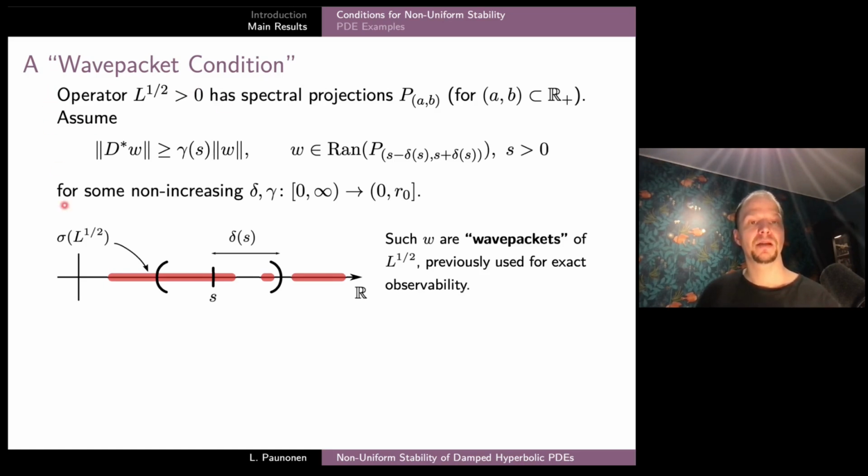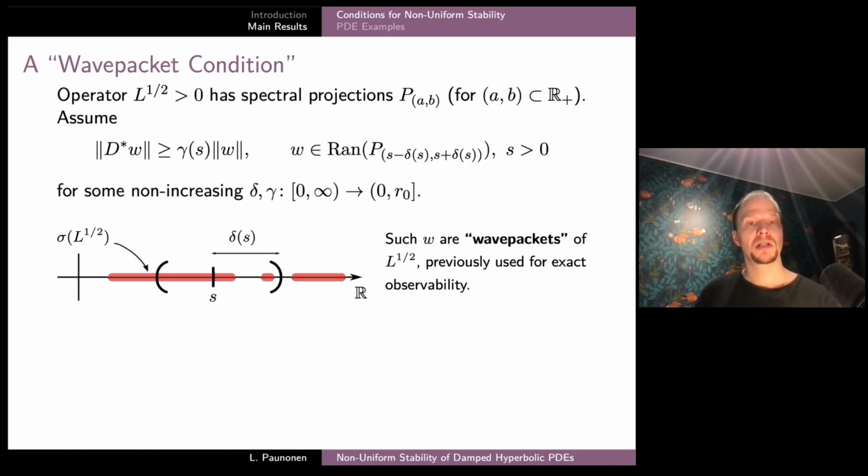And in this condition, these delta, the radii of the spectral intervals, as well as the lower bounds gamma depending on S, may in general be non-increasing and also typically decreasing functions of the parameter S.